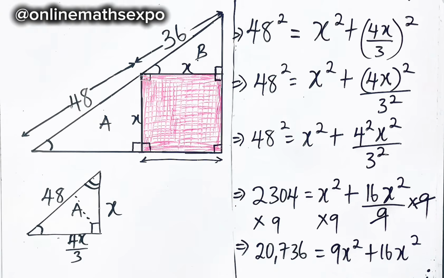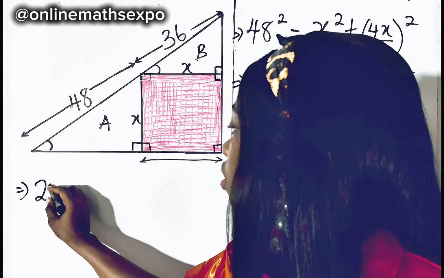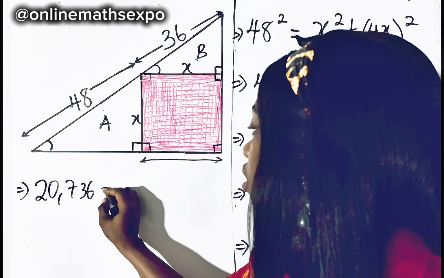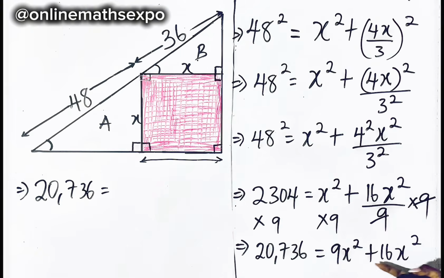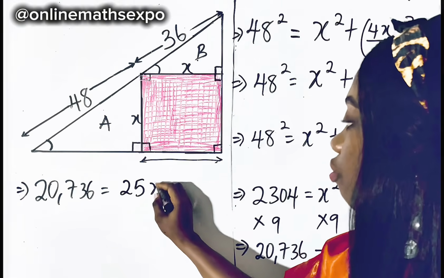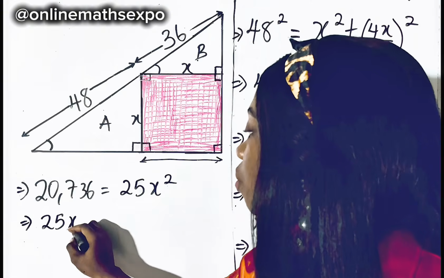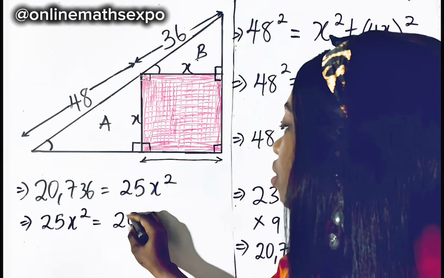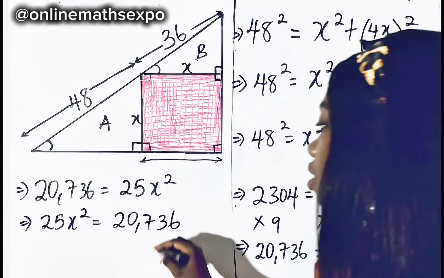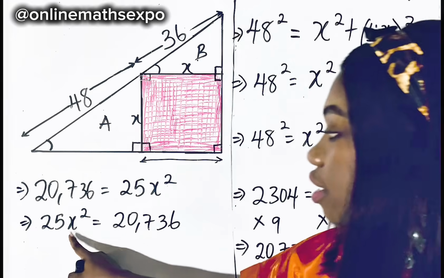We now have 20,736 is equal to, if you add this, 9 add 16 gives us 25. So this is the same as 25x squared is equal to 20,736. Our target is to get this x squared.